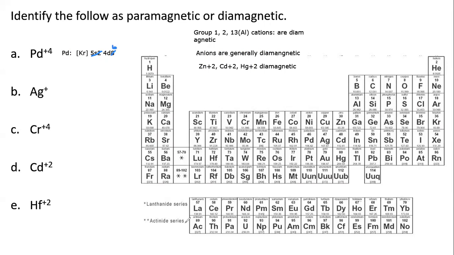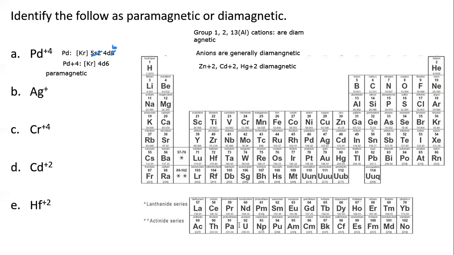So we get the electron configuration for palladium 4+. Be krypton 4d6. Now you don't have to draw the orbital diagrams for this. As long as you have less than 10 d electrons it's always going to be paramagnetic. So this is going to be a paramagnetic ion.